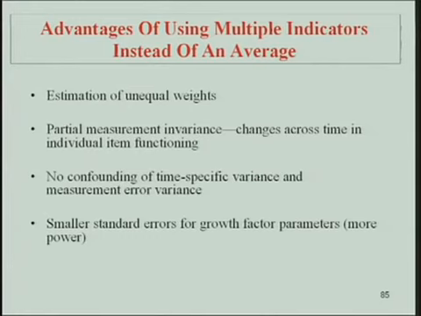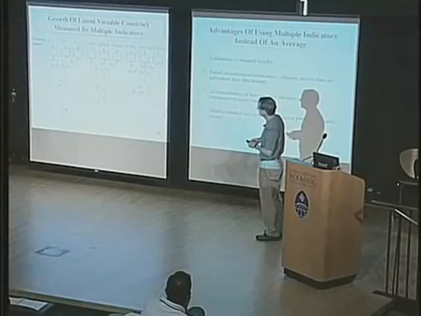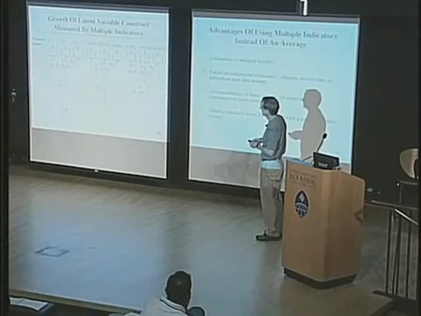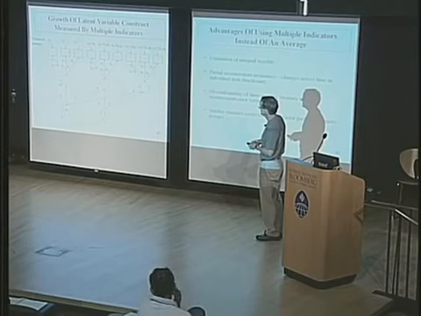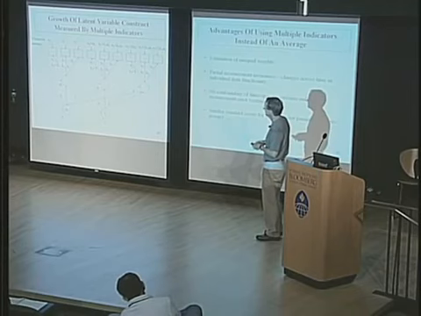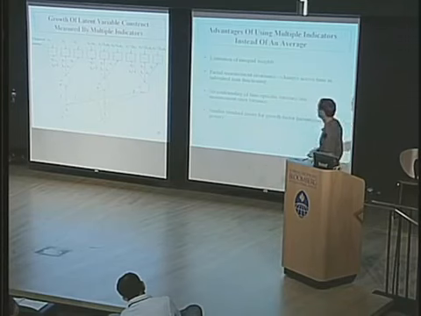Another advantage is that you don't confound the time-specific variance and the measurement variance. When we talked about an observed outcome here, on slide 82, this residual has a variance which contains variation due to both time-specific variation and measurement error. You can't separate the two, but when you have multiple indicators, the measurement error sits up here in these residual arrows, and the time-specific variation sits down here, and they are estimable, identified separately.